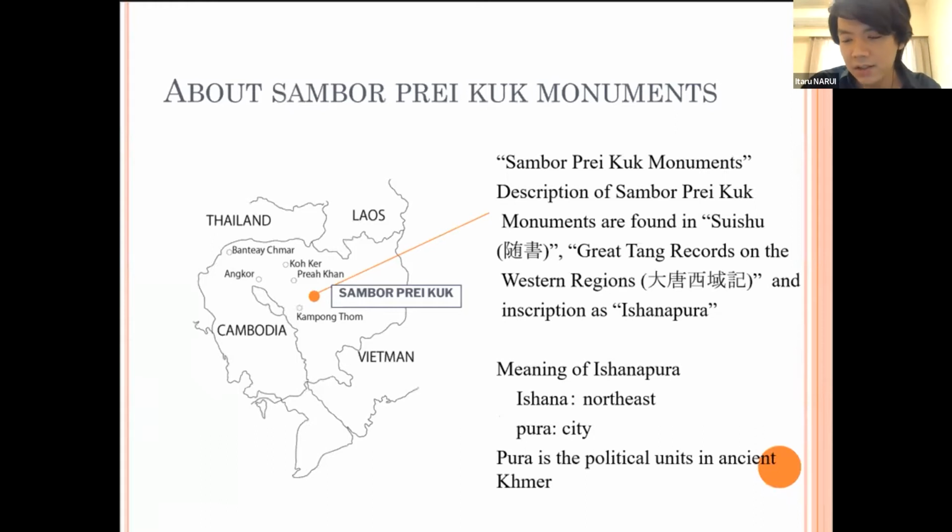In this inscription, it is described as Ishanapura. The meaning of Ishanapura: Ishana means northeast, and Pura means a political unit in ancient Khmer times.